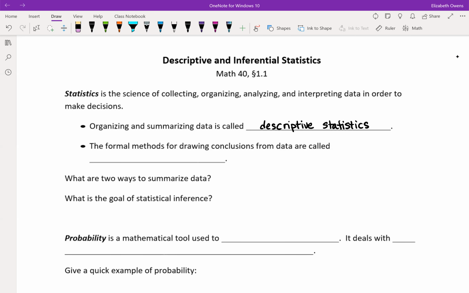And then the formal methods for drawing conclusions about that data are called inferential statistics. Okay, now this comes from the word infer, which is the process of deciding if something is true or not based on the information that you have. And you can infer about things other than statistics, certainly.